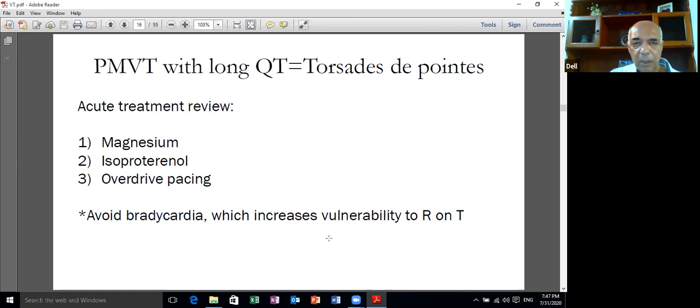Now, this QT interval, which is prolonged as a result of drugs or secondary causes, is usually bradycardia dependent, in contradistinction to the congenital type of QT prolongation, which is tachycardia dependent. So here we try to increase the heart rate to diminish the dispersion.